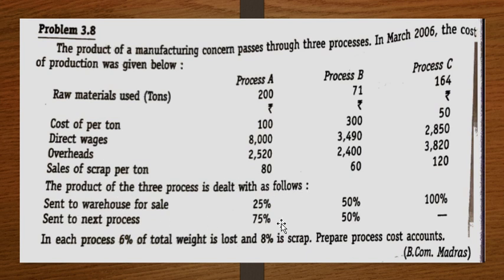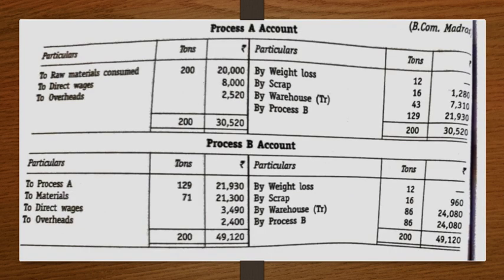Next, if you look into the problem, the product of the three processes is dealt with as follows: sent to warehouse for sale 25% and sent to next process 75%. So how much are you sending to the warehouse for the sale? 25%. How much are you sending to the next process? It is 75%. So the next item is by warehouse.